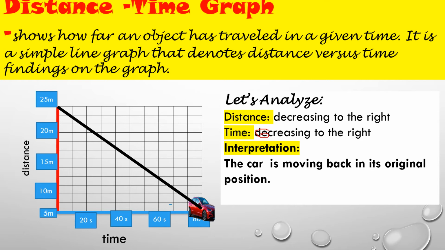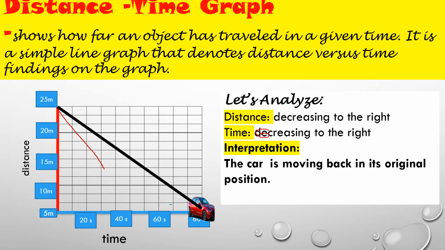Increasing to the right. So, kapag ganito ang motion, ibig sabihin yan that the car or the object is moving from its original position. Bumabagal, nag-slow down. Kapag siya ay bumalik sa original position, bumalik sa dating pwesto. Pero, if ang motion nyo ay pag ganito lang, ibig sabihin yan, nag-decrease lang siya, pero hindi siya bumalik sa kanyang first position.